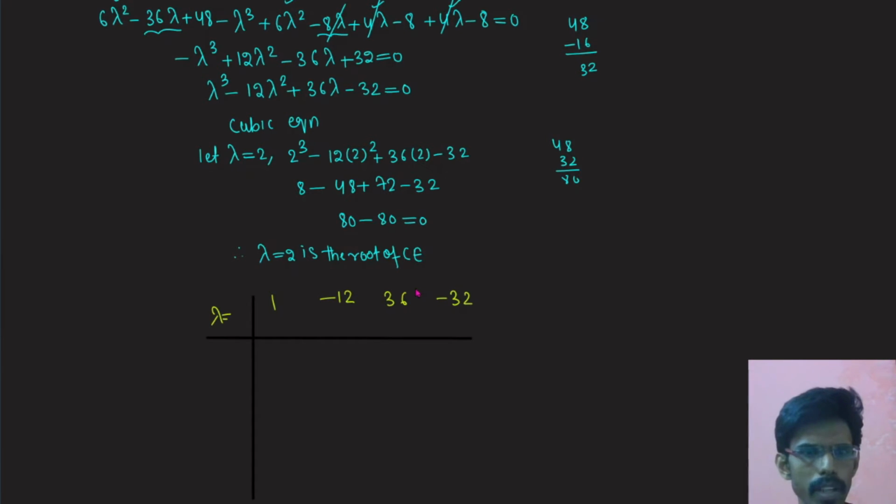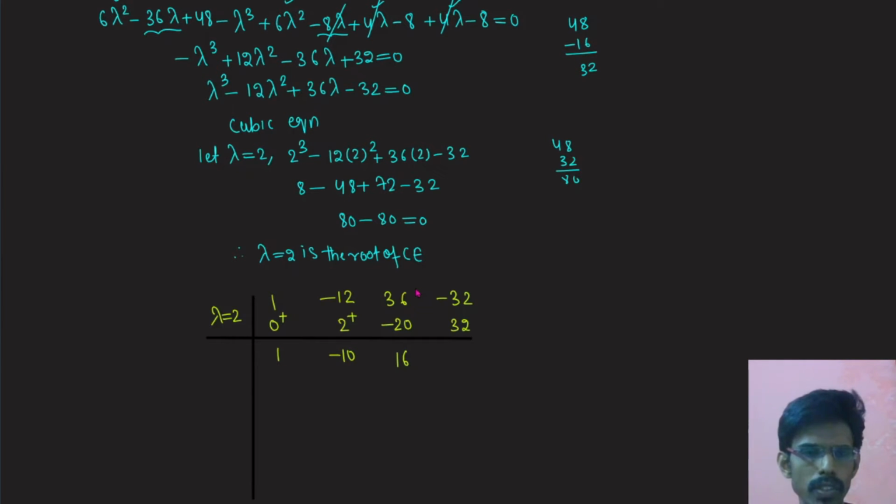Here we have lambda equal to 2. Now put 0 below this one. Now add these two, it will get 1. So 1 into this lambda will be 1 into 2 will be 2. Now add this, we have minus 10. Minus 10 into 2 will be minus 20. Here I will get 16. 16 into 2 will be 32.